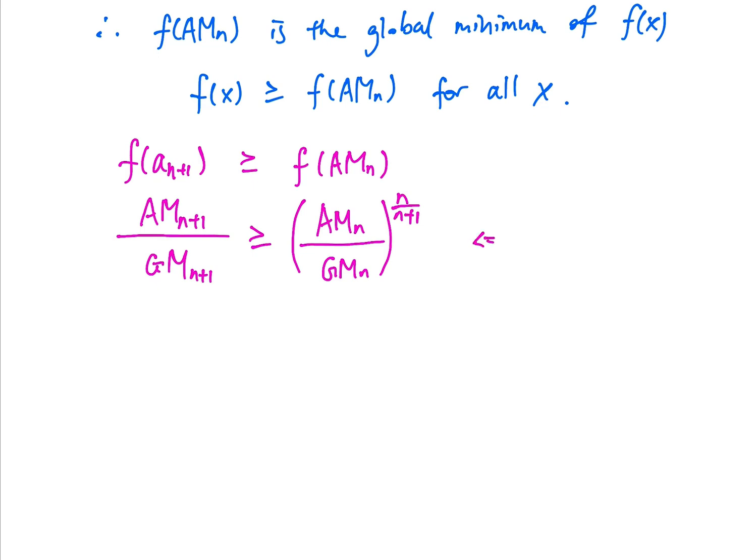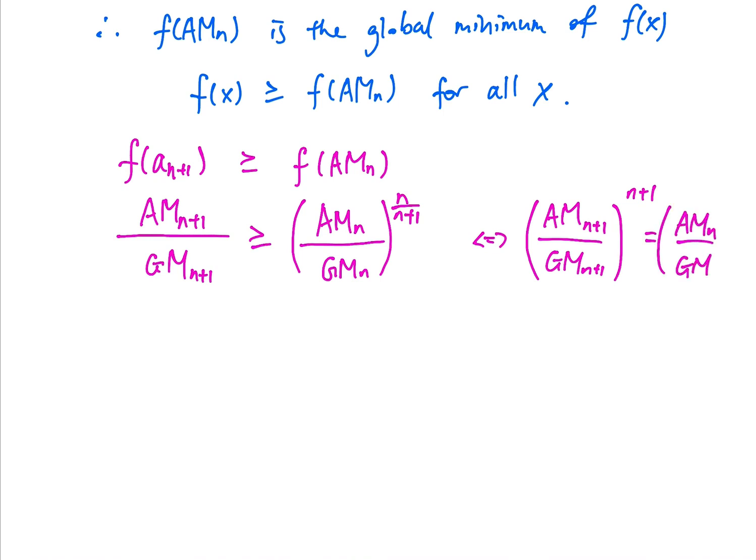So we now have a very special inequality that describes the ratio of AM and GM and their power.